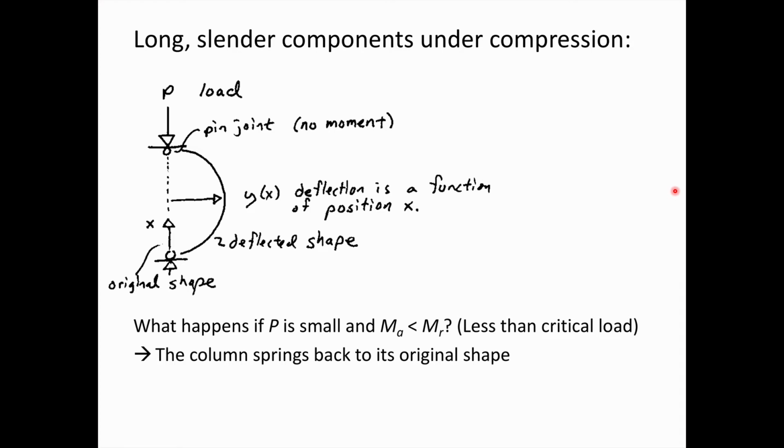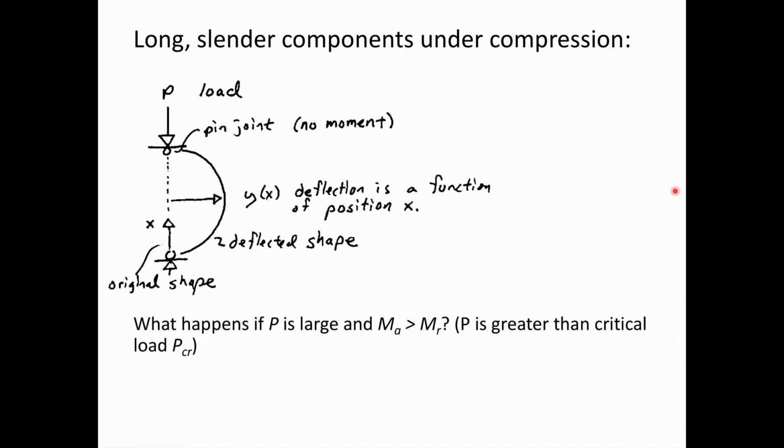The restoring moment is going to dominate. This is similar to if we have a spring where maybe we start with some amount of deflection, but the applied load is less than the spring stiffness times the deflection. So the net force is going to be greater than zero, therefore the acceleration is going to be greater than zero and it is going to move back to its equilibrium state.